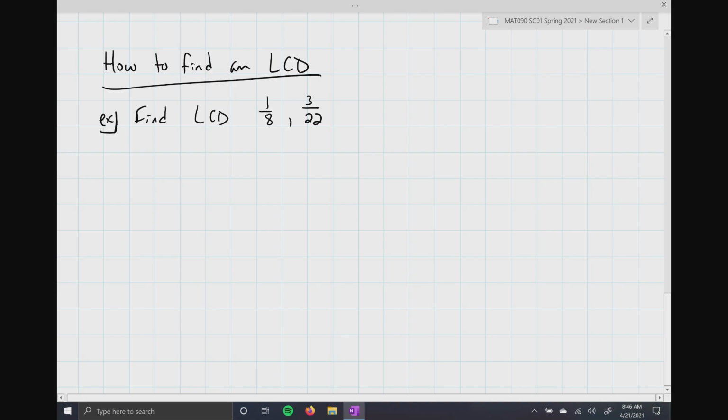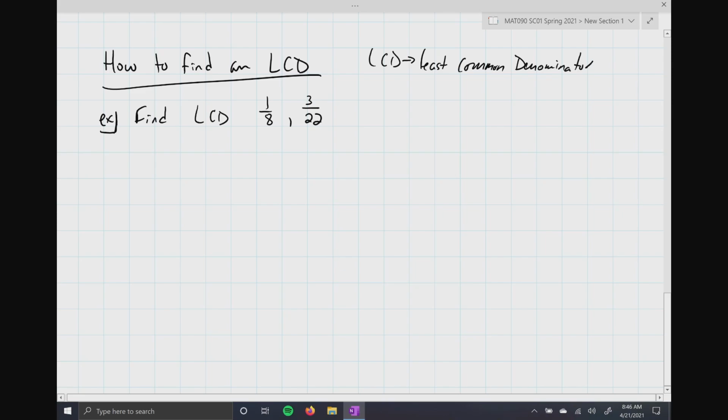First, maybe I'm rushing. What does LCD stand for? Least common denominator. Traditionally, we say the least common denominator. So LCD, least common denominator.